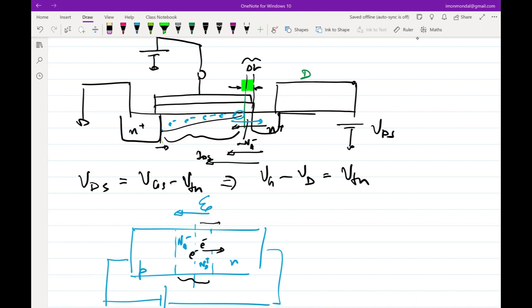Let's model this part as this color and the other pinched off part as this color. Now what we are doing is pushing current IDS into it. So you'll have two drops, let's say VCH and VP.